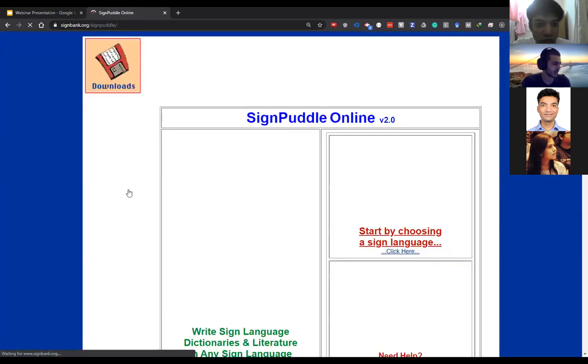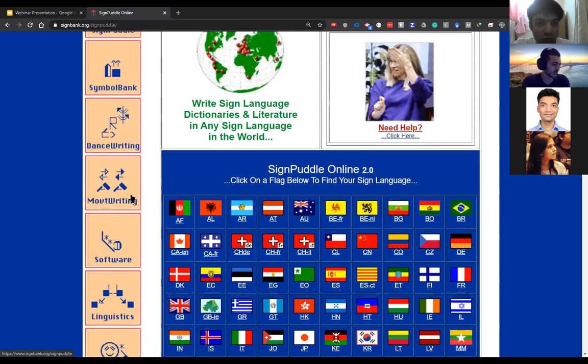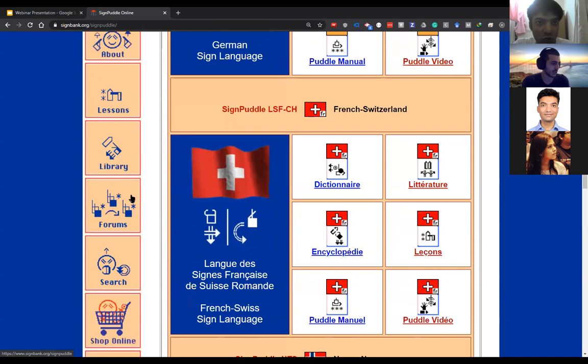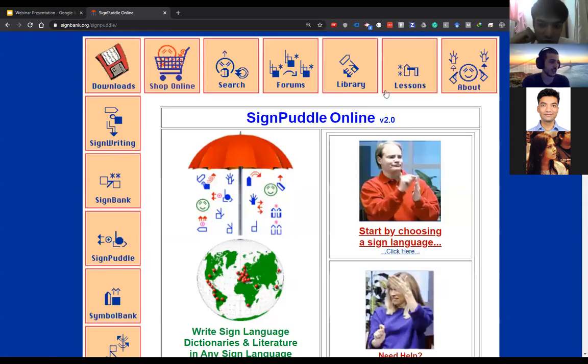I'm not sure if it's here or not. I can shoot it to you after the talk. Sure. But there is a way to write these, and there is a set of symbols for every hand shape. There is a symbol for how it is oriented in space, for every type of movement, for every facial expression, touching in any location. These are all annotated.